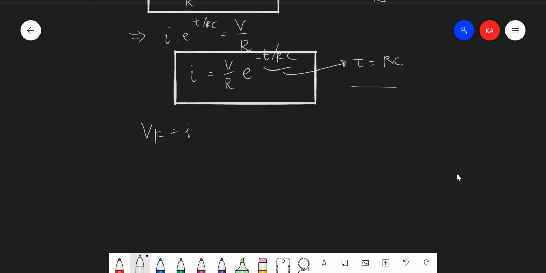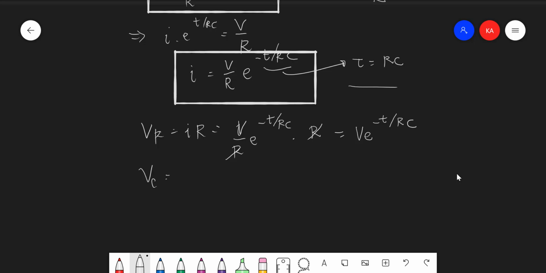VR is iR, so we got V per R e to the minus t per RC times R. So we can get that the voltage of the resistor is V e to the minus t per RC.